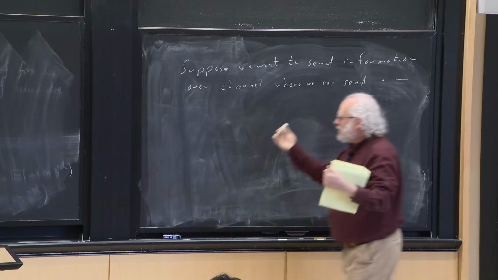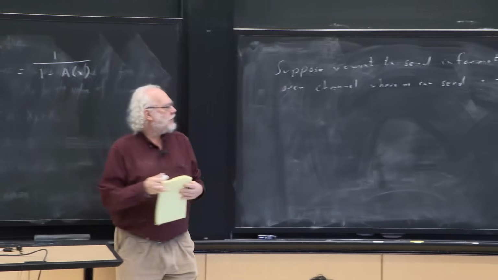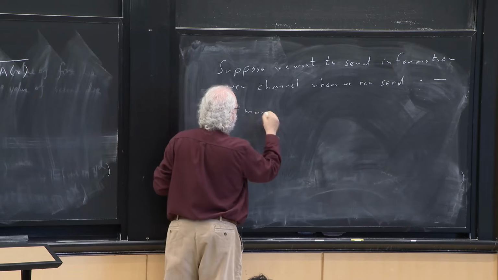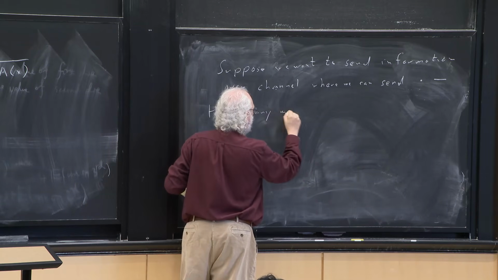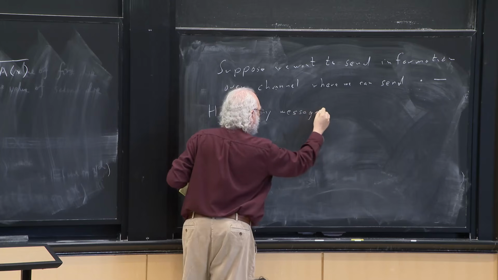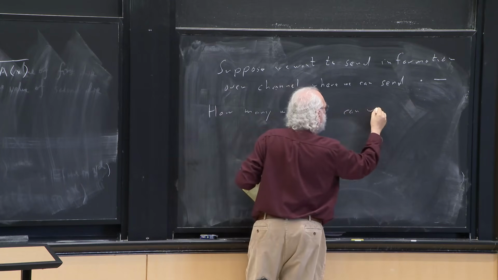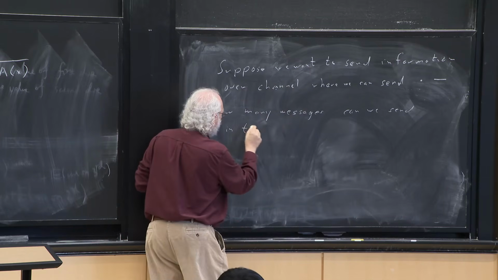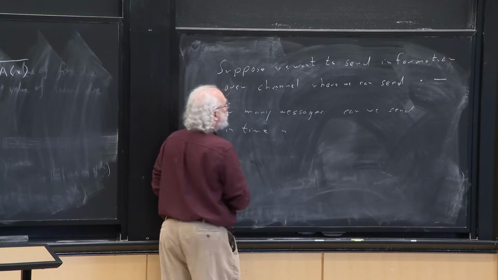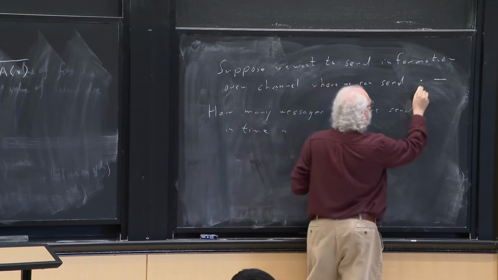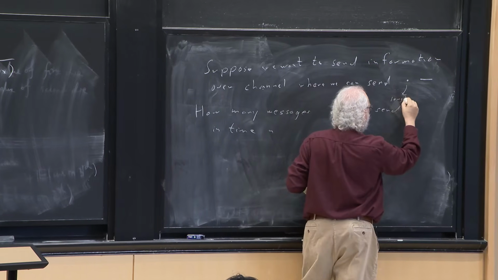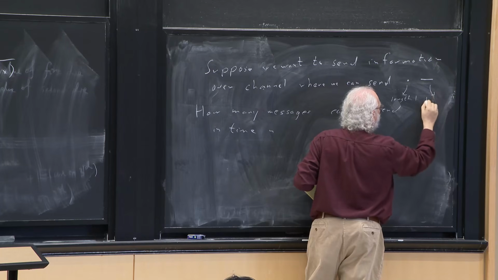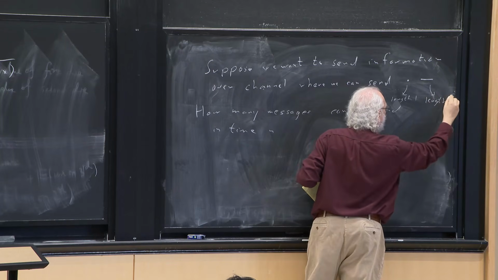And the question is, how many messages can we send in time n? I forgot to tell you, a dot has length 1 and a dash has length 2.